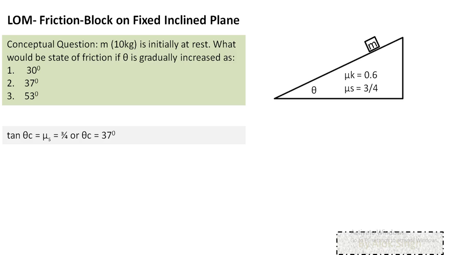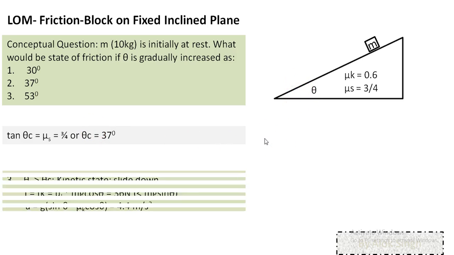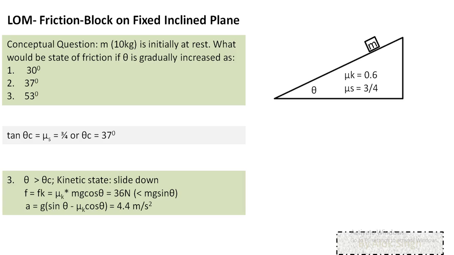Let's move to the third case, when the angle of inclination is 53 degree. Again, the critical angle is unchanged, which is 37 degree, and the actual inclination of the slope here is 53 degree. So what is the state of friction? Since theta is greater than the critical angle, it is the kinetic state, and the block will slide downwards, or have a downward acceleration.